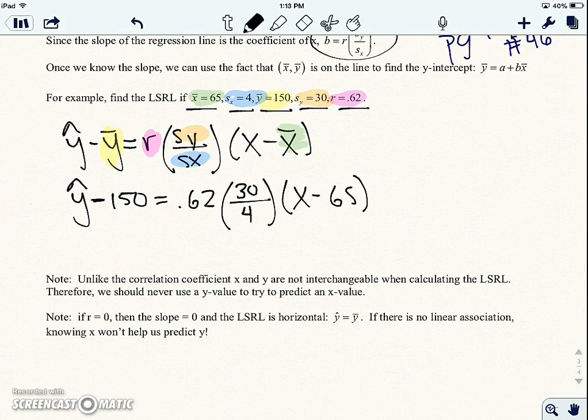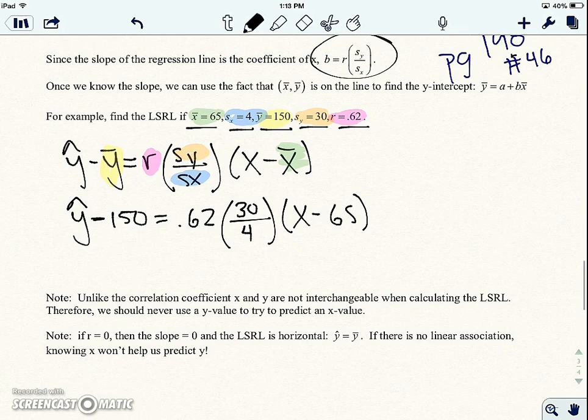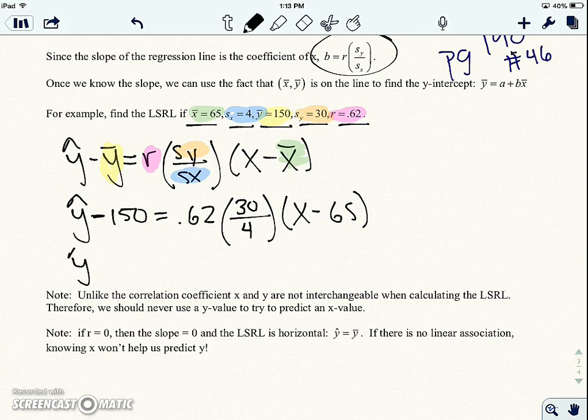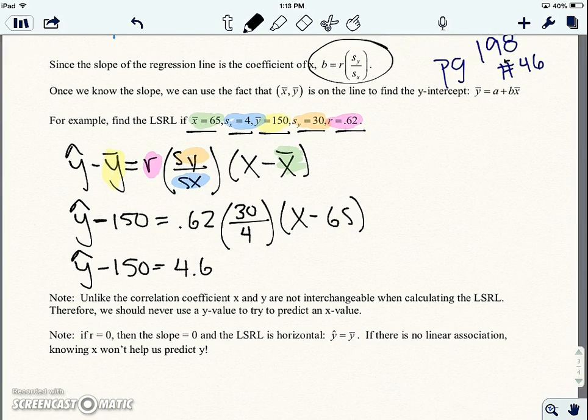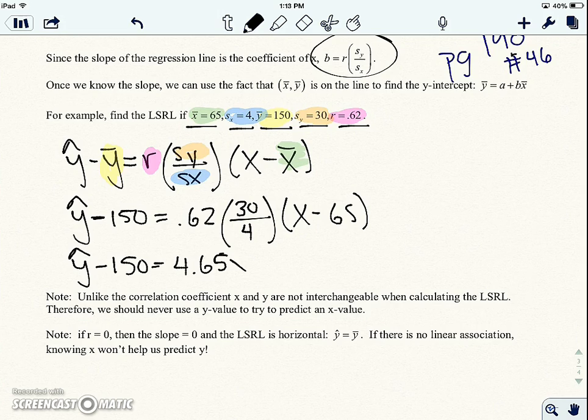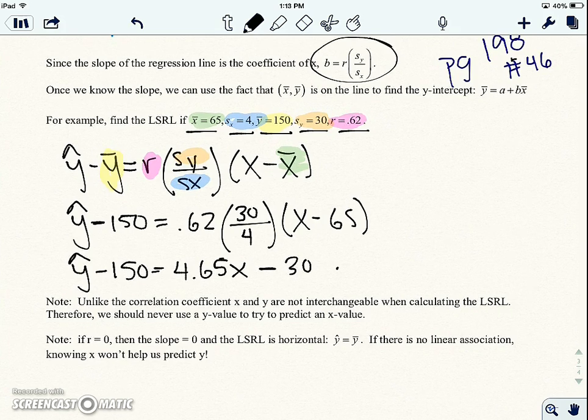Simplifying that, I get y hat minus 150. Multiplying this stuff together, I get 4.65x minus 302.25.